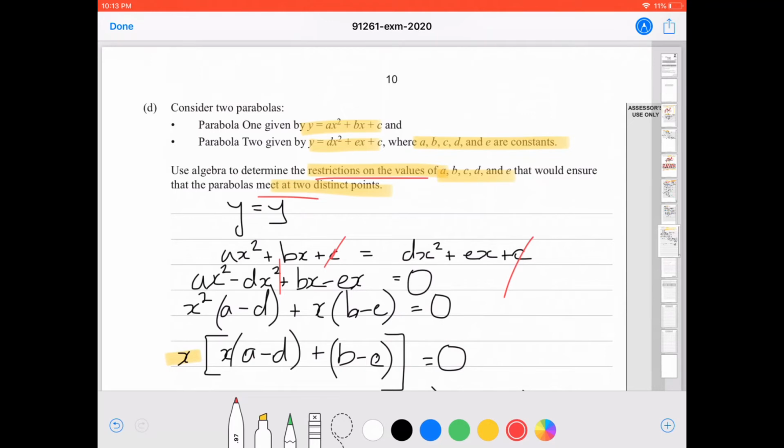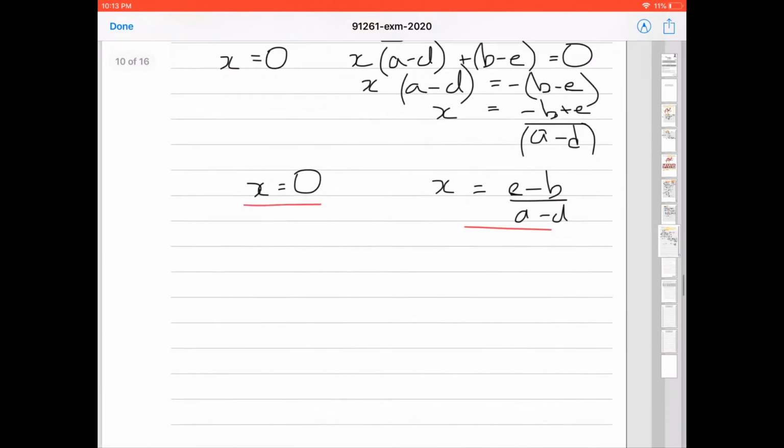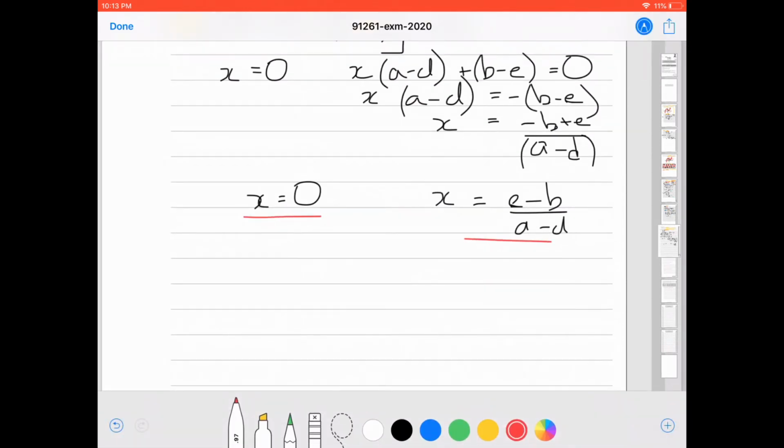At least we found the x coordinates of our two distinct points. So the x equals 0 we don't really have to worry about. It's the restrictions on a, b, the c cancelled, d and e. What are our restrictions?